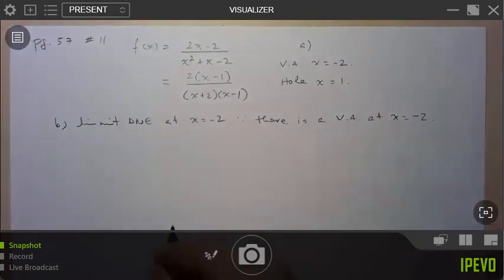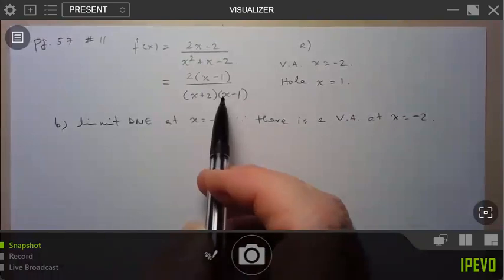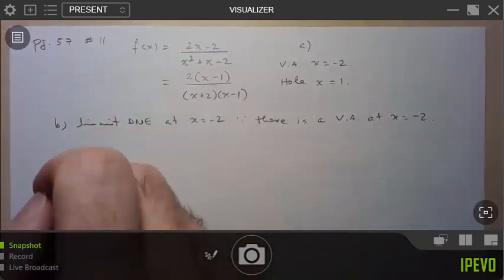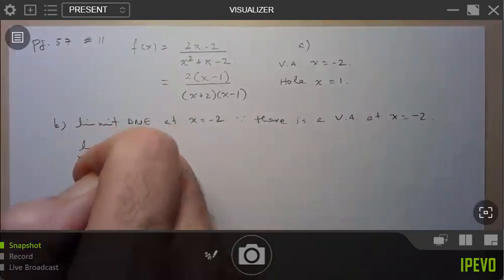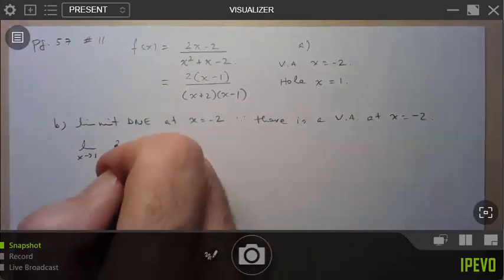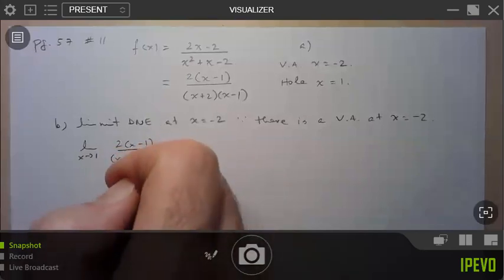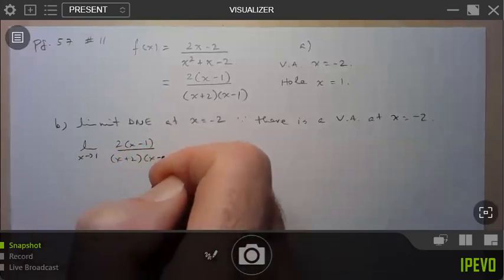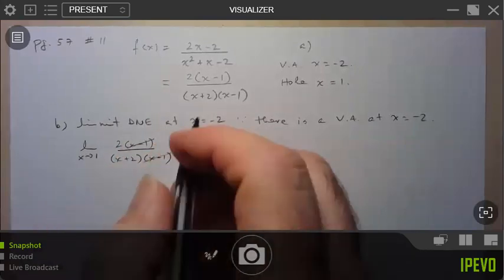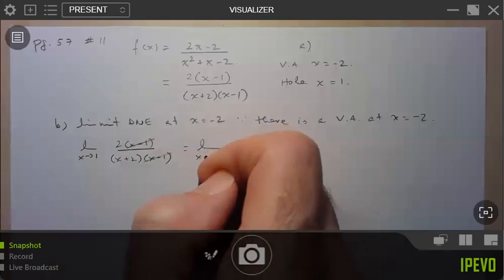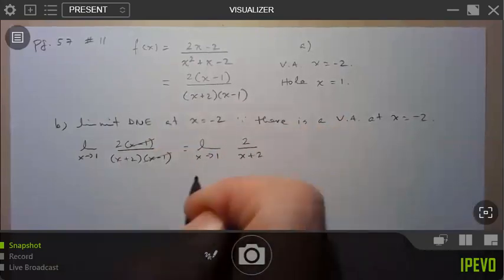Okay, but there's a hole here, and the nicest way to show that is to take the limit. If I take the limit as x approaches 1 of, and I'll put it in factored form, I see that because these reduce, remember, we don't care what happens at 1, this becomes the limit as x approaches 1 of 2 over x plus 2.